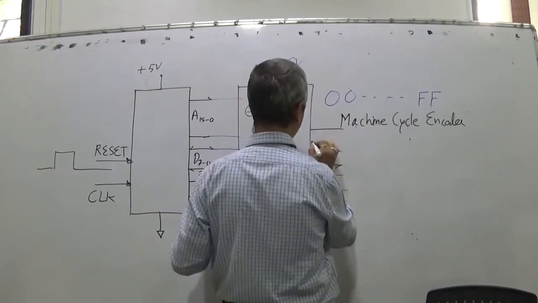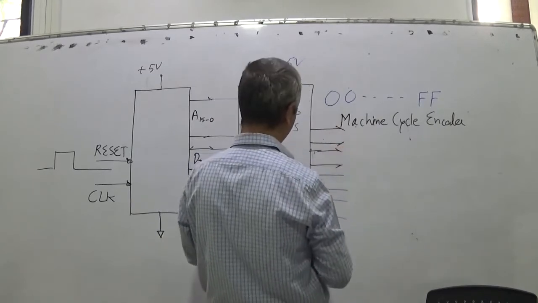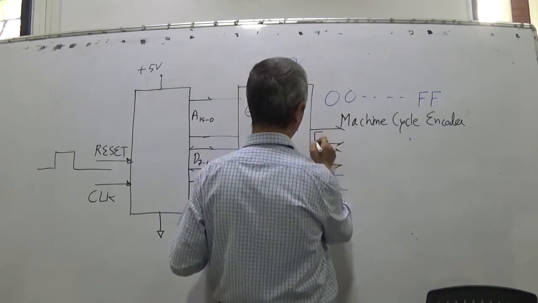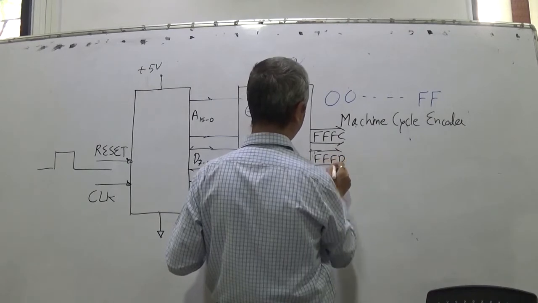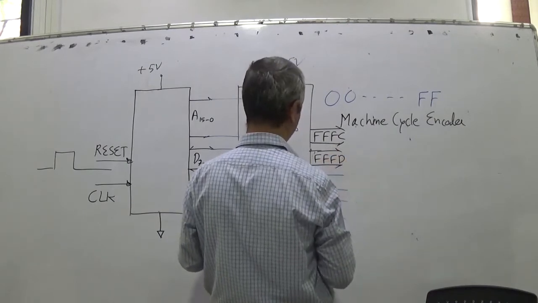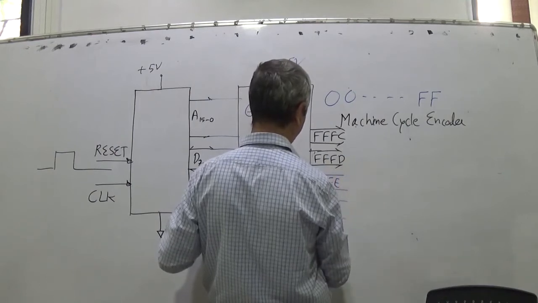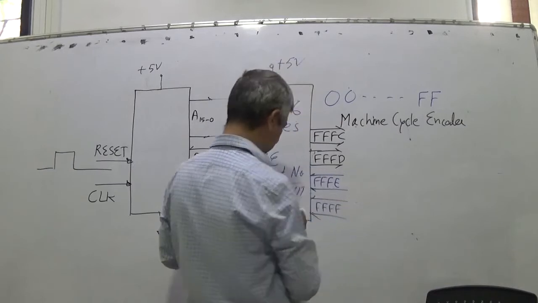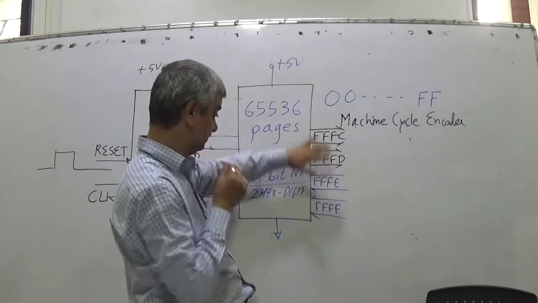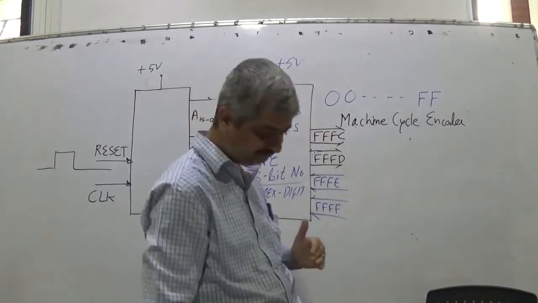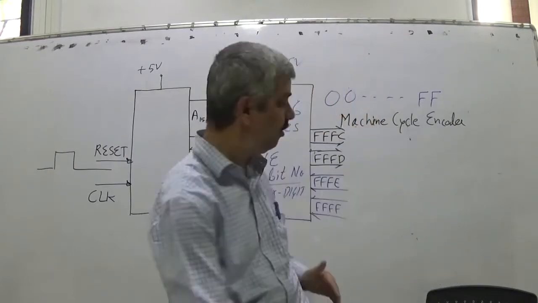Let us say, for example, the last 4 locations of memory, namely FFFC, FFFD, FFFE and FFFF, are I/O locations.